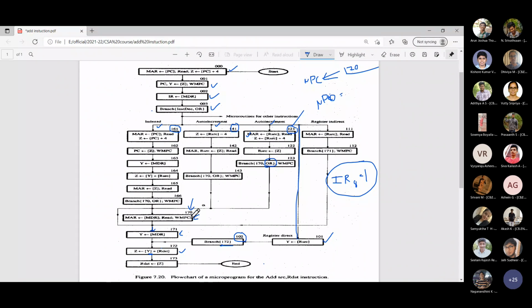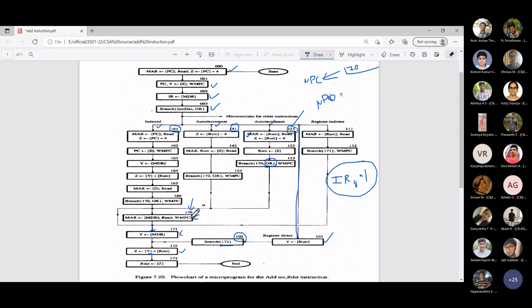Now the mu PC 0th bit is what you have to manipulate in order to decide between 170 or 171, isn't it? 170 in binary would be 001 111 000. Between 170 and 171, there is only a 1 bit change. The mu PC 0th bit is the only bit which is changing between 170 and 171.